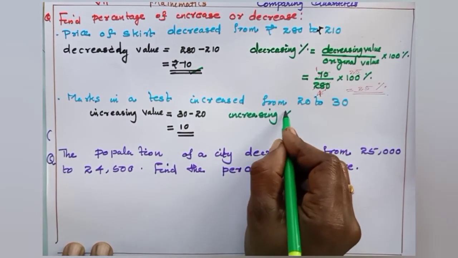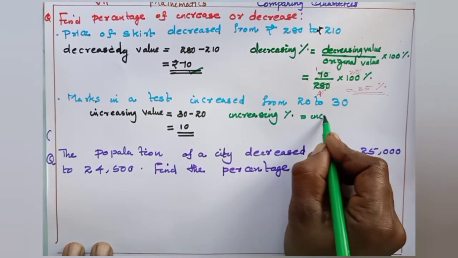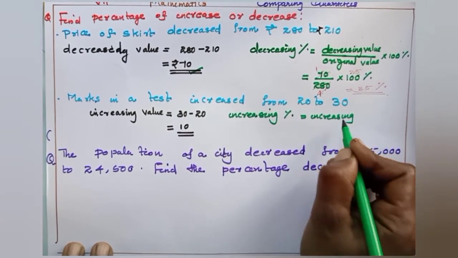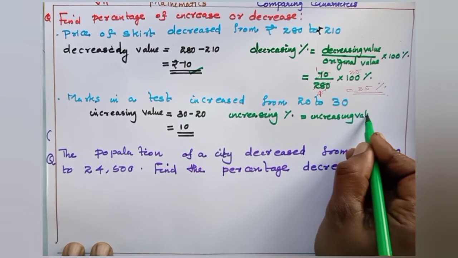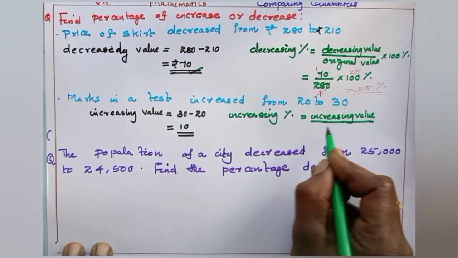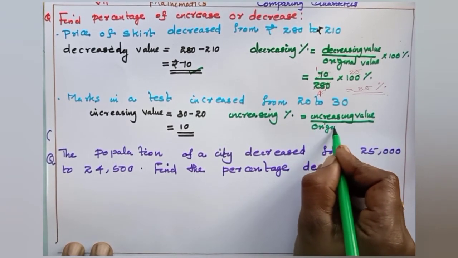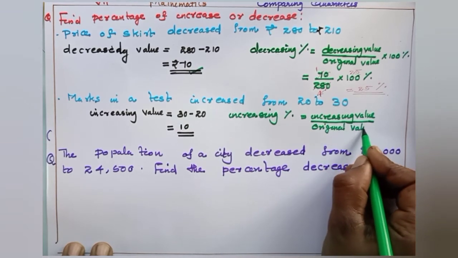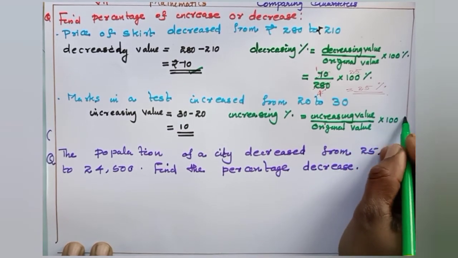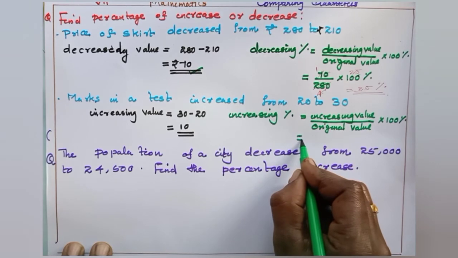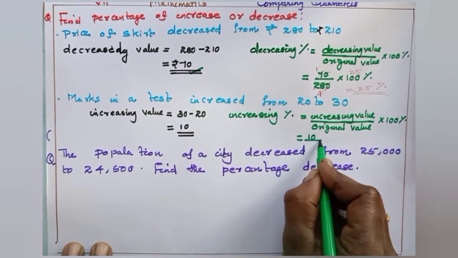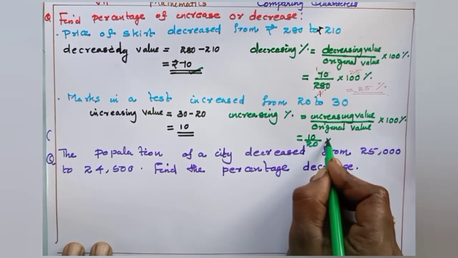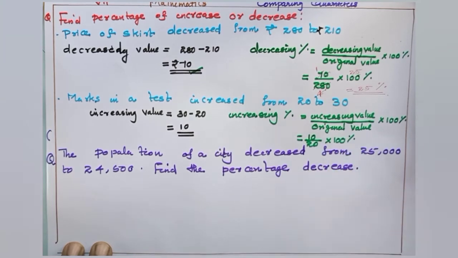Increasing percentage equals increasing value divided by original value into 100 percentage. So here increasing value is 10, original value is 20, into 100 percentage.